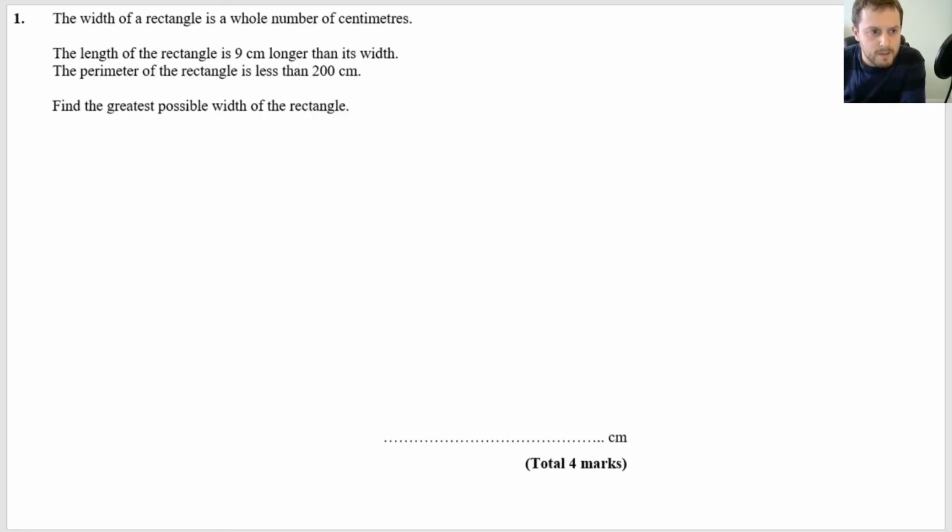So to get started then, number 1, the width of a rectangle is a whole number of centimetres. The length of the rectangle is 9 centimetres longer than its width.